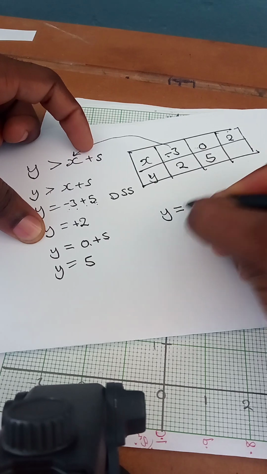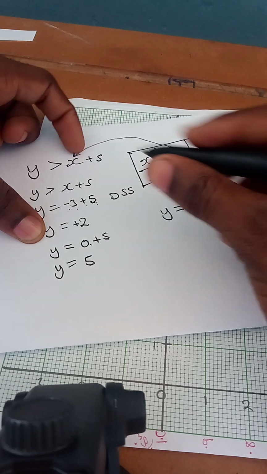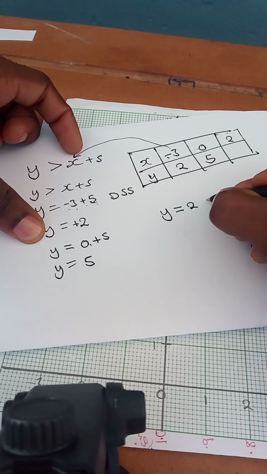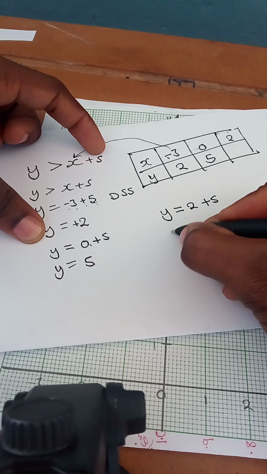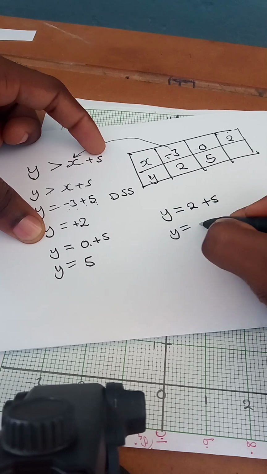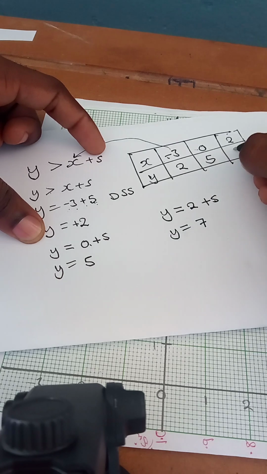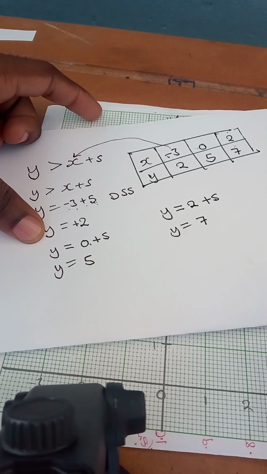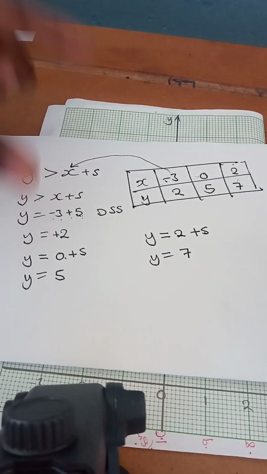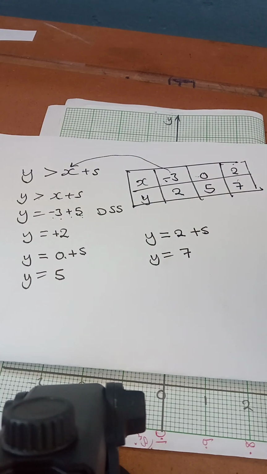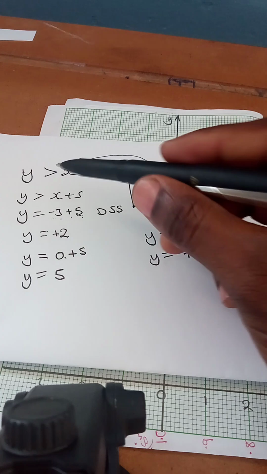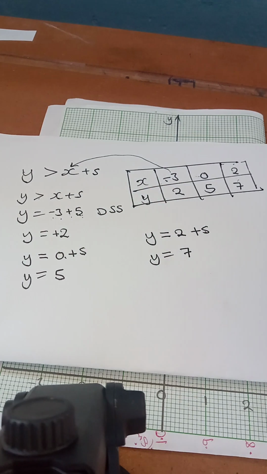So you can say y is equal to, where there is x, you can put a 2, plus 5. So this plus this is 7. You can write your 7 there. So by filling this box up, you have all the coordinates you need to sketch the line of this equation.